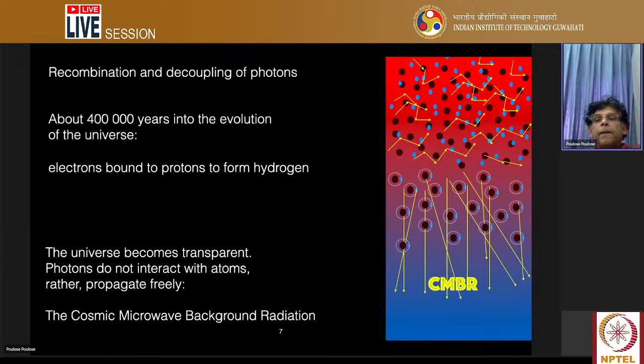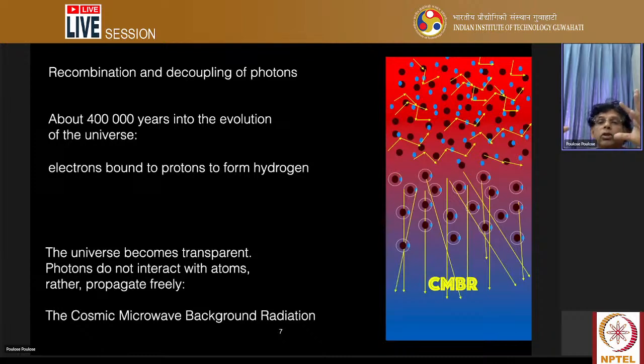It has been there, and the photons have been moving freely. When we see it now, because the universe is expanding, its energy is getting reduced, and the wavelength corresponding to that is presently in the microwave range. Therefore, we call it cosmic microwave background radiation.